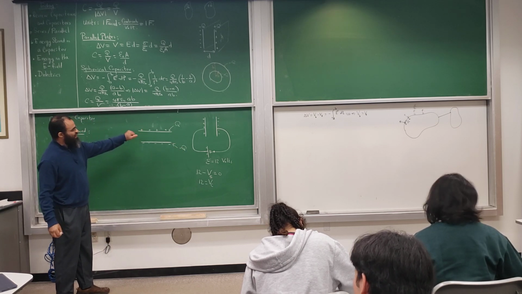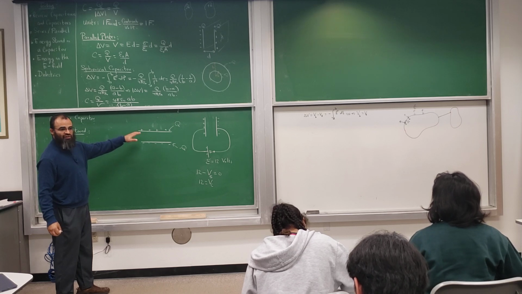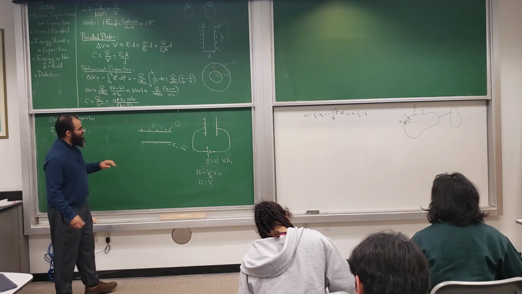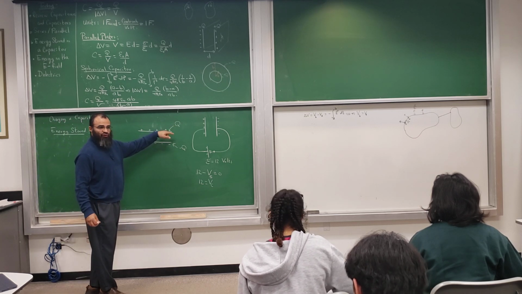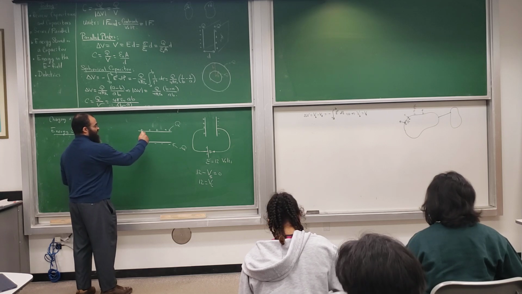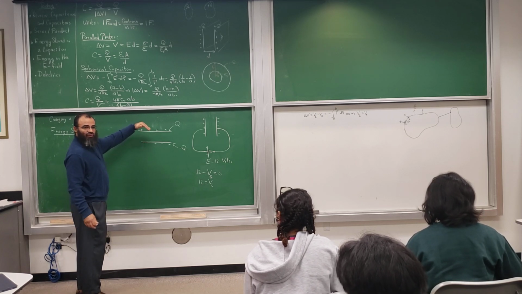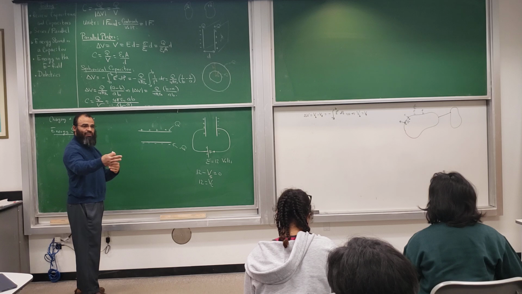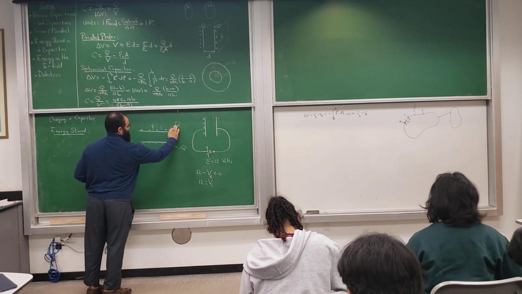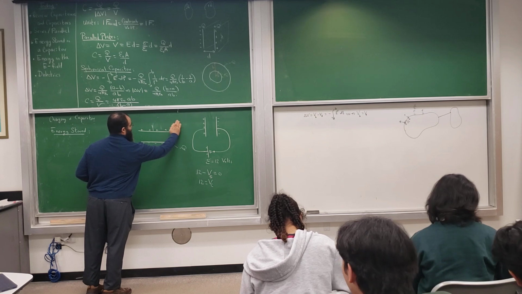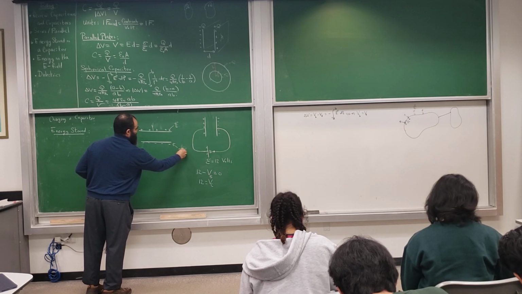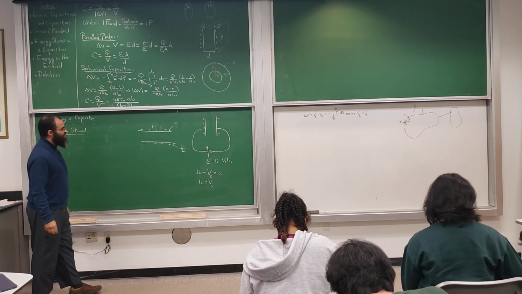And the question is, how much work was done to do this? The way to think of it is this. Before we reach this state, we had to get from 0 to capital Q. So in between 0 and capital Q, let's call the charge little q. Before we reach capital Q, the charge would be little q here and minus little q there.